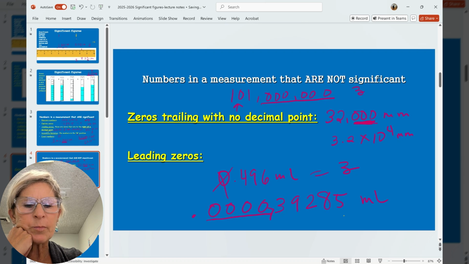Same reason as up here, I can put this into scientific notation and the value of the number doesn't change. So I can go 1, 2, 3, 4, 5, 3.9285 times 10 to the negative fifth. So I would really have only 5 numbers that are significant.